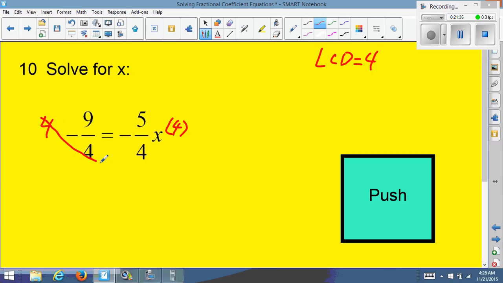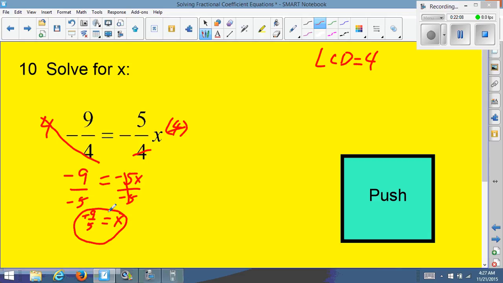And watch our 4's cancel out, leaving us with a negative 9 over here. And our 4 will cancel out here and here, leaving us with a negative 5x. Divide both sides by negative 5. Our negative 5's cancel out, and we have x is equal to, same signs when we divide is positive, and 9 over 5 is our answer.